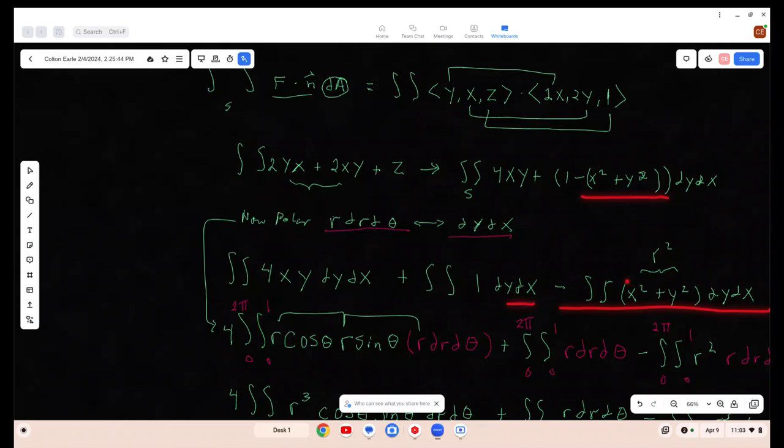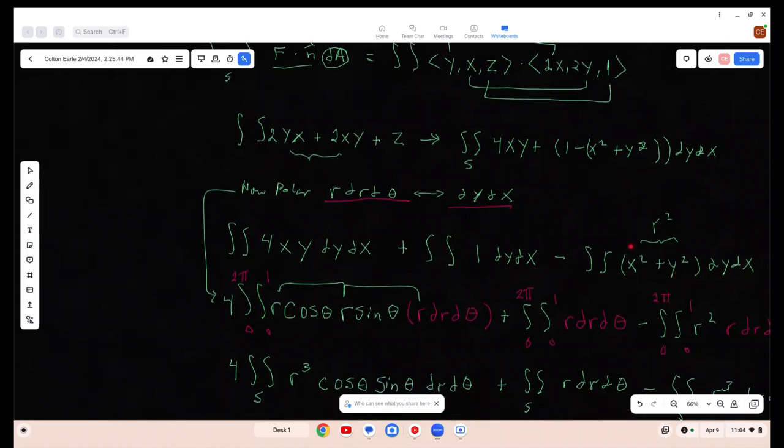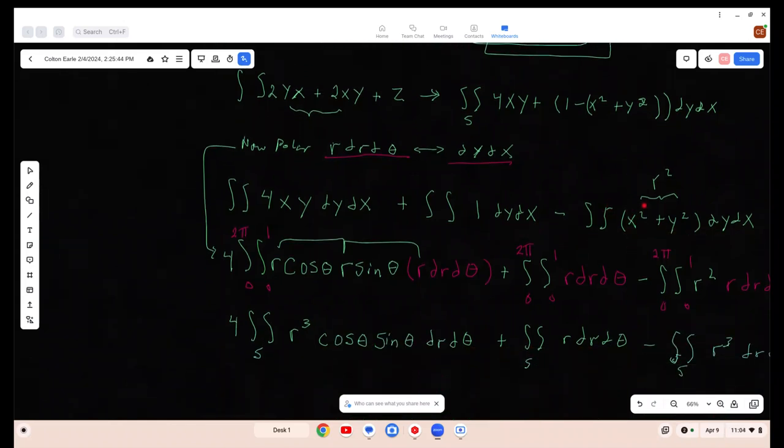That's the x squared y squared dy dx. I provided the polar transformation ahead of time. So now you're going to substitute everything in. Well, we know that x is equal to r cosine theta, and then y is equal to r sine theta.